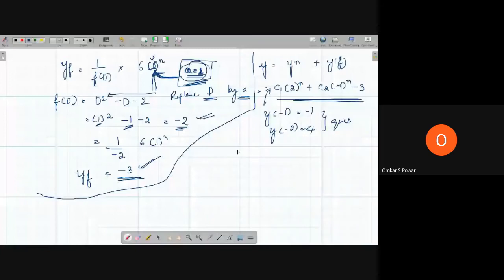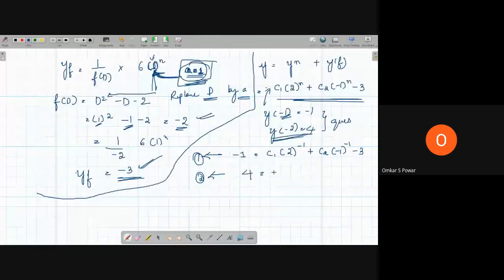So we will substitute in the first equation: minus 1 is equal to C1 2 to the power of minus 1 plus C2 minus 1 to the power of minus 1 minus 3. This is your equation number 1. And equation number 2: substitute n equal to minus 2, where y of minus 2 is 4. 4 is equal to C1 2 to the power of minus 2 plus C2 minus 1 to the power of minus 2 minus 3.